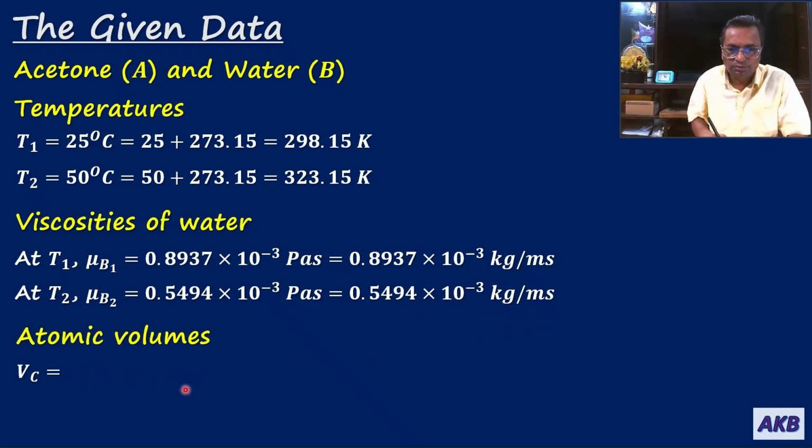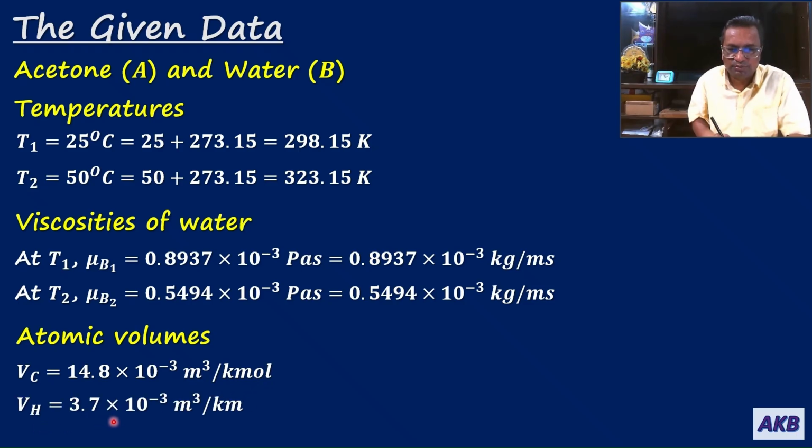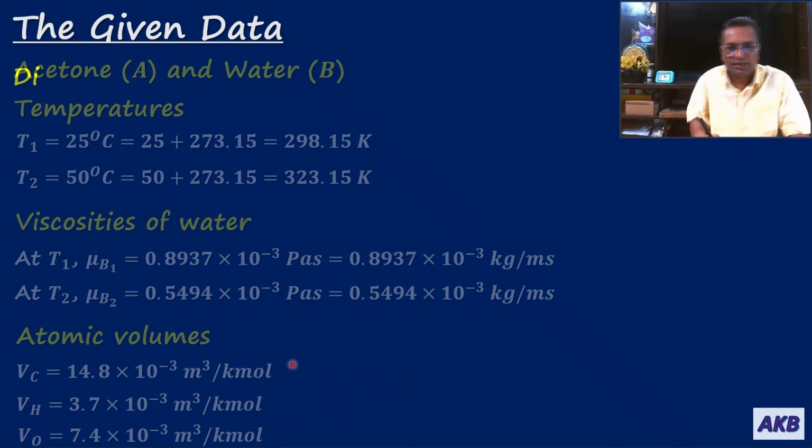Then atomic volumes are provided to us. For carbon, it is 14.8 × 10^-3 meter cube per kilomole. For hydrogen, it is 3.7 × 10^-3 meter cube per kilomole. For oxygen, it is 7.4 × 10^-3 meter cube per kilomole. Let us move on.